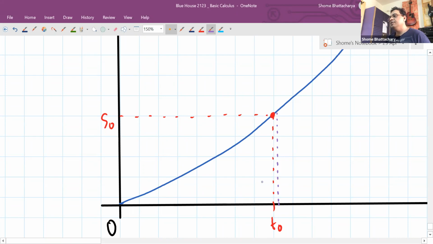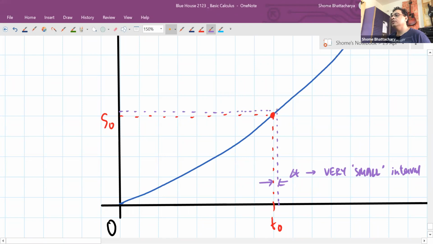So then this time interval here would represent delta t, which is very small. Okay. So correspondingly, this distance it will travel will also be very small.